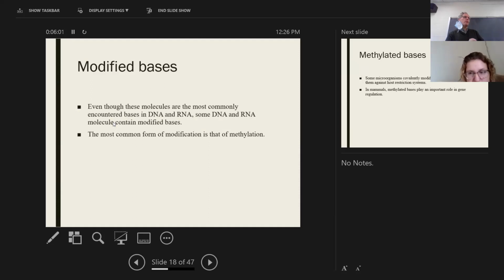Many insects, for example, like the flies, the dipterans, very little modification. When you get up to the homopterans, the true bugs, they've got much more modification.